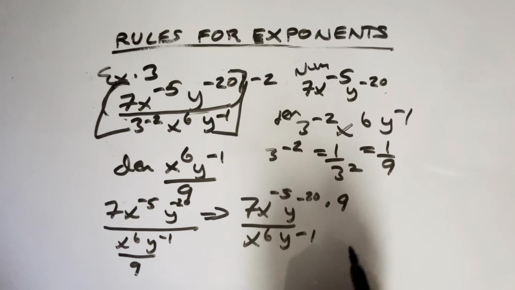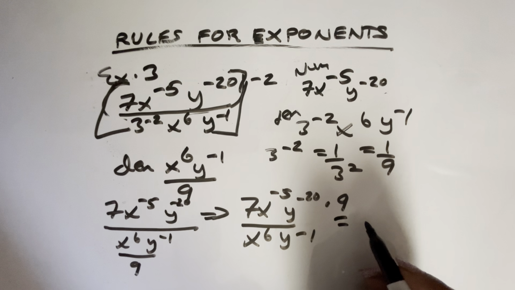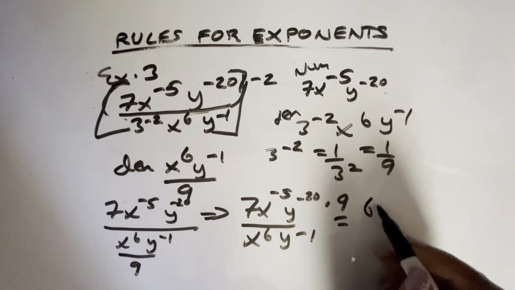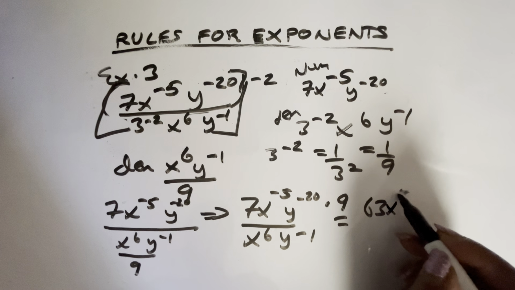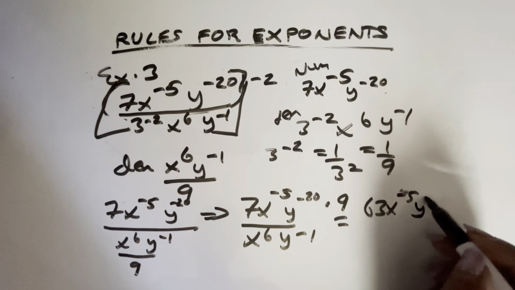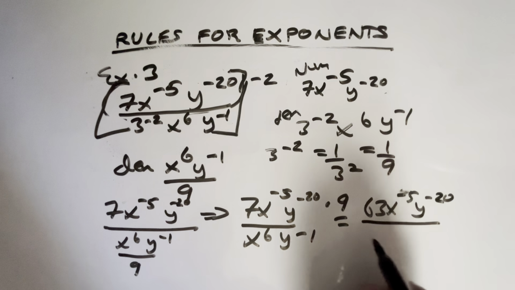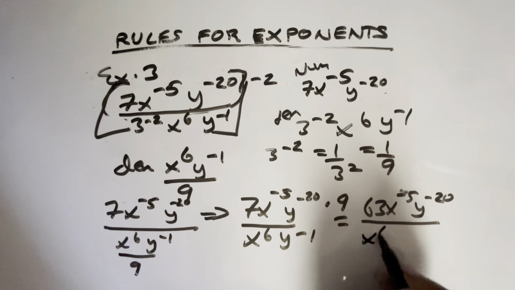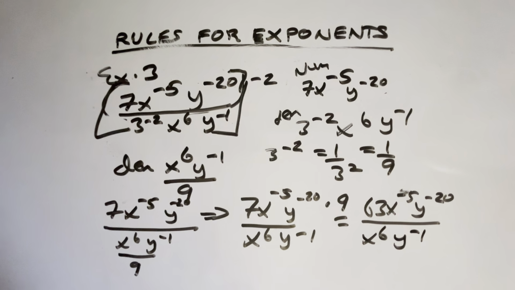This gives us 63x to the minus 5, y to the minus 20, all over x to the 6th, y to the minus 1.